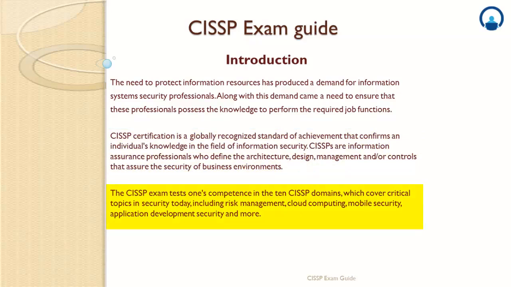This exam typically tests one's competence in 10 domains which cover critical topics in security, including risk management, cloud computing, mobile security, application development security and multiple other domains. The exam has a wide range of domains covering all aspects of information security that a professional should typically understand.